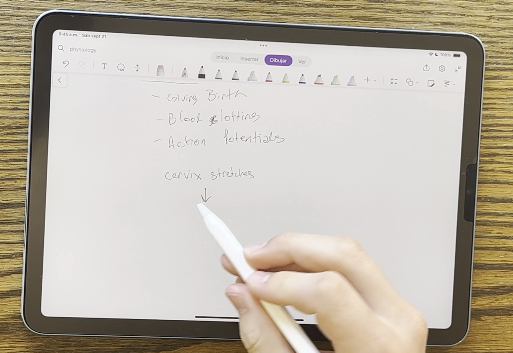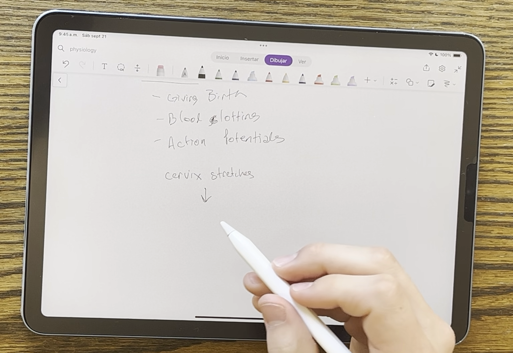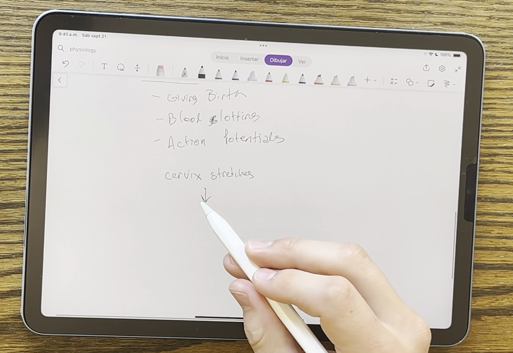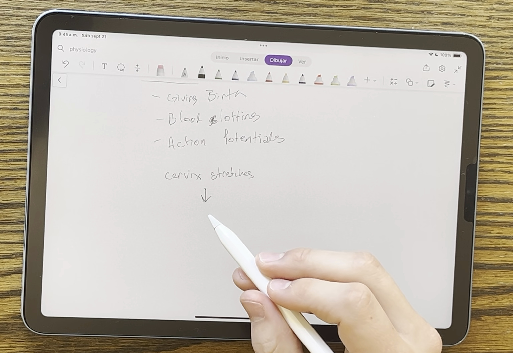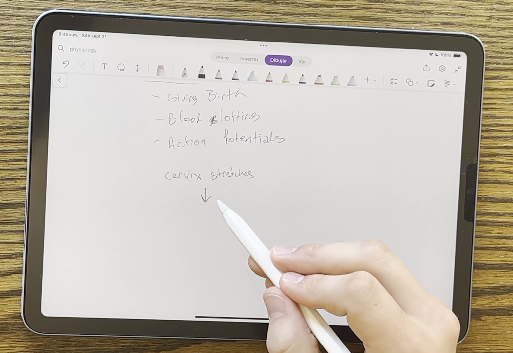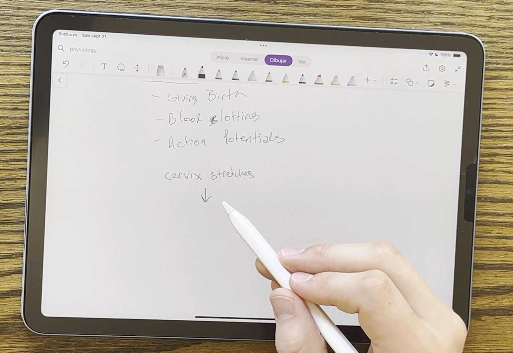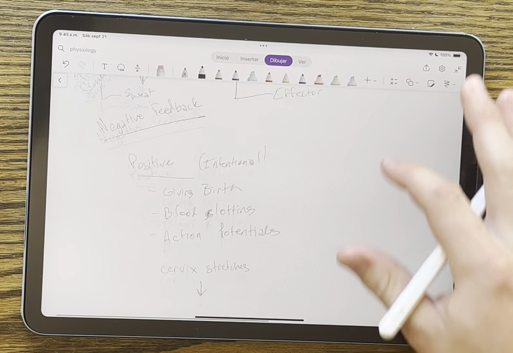Then as the cervix stretches, it sends sensory neurons up to the brain. And these pathways don't always have to be neurons. It can also be through bloodstreams to get it to whatever the control center is. So the receptor might be neurons in this example, and our control center will once again be the brain.